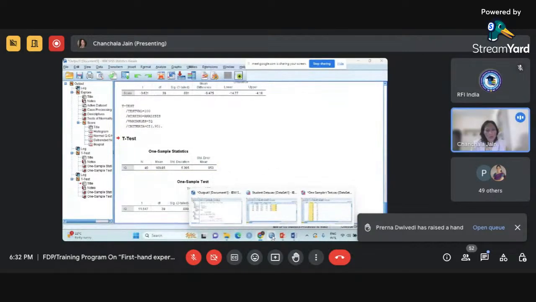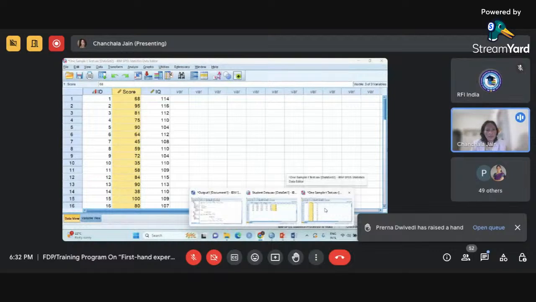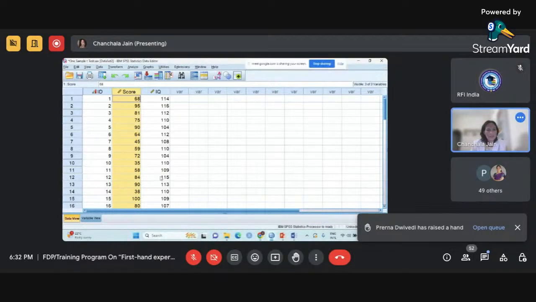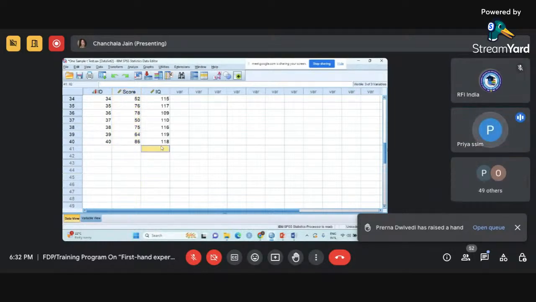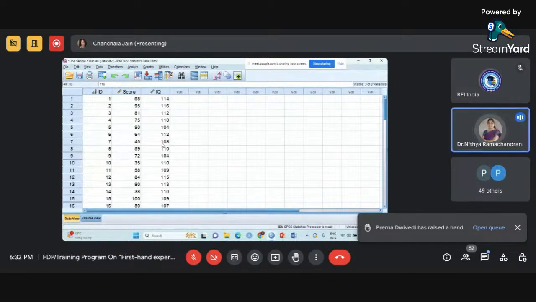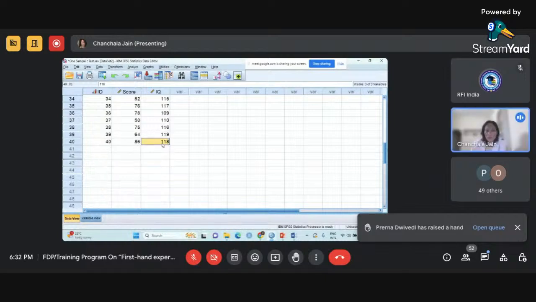Just a minute, but how is it possible? I think I have shared the same sheet which I'm using here. You can check in your data view, ma'am. Observation 40 is blank, the IQ data is not showing, ma'am.